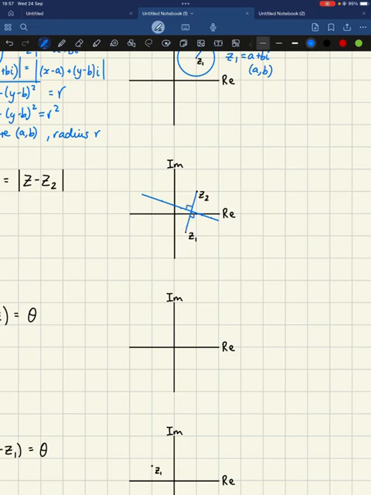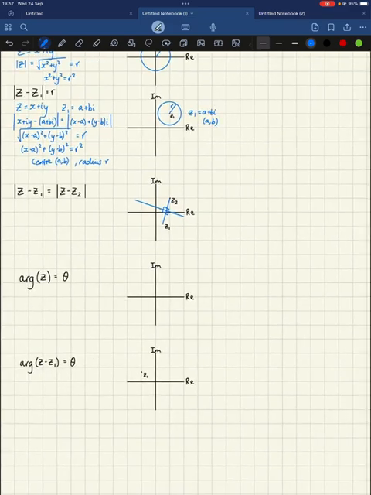So this over here, perpendicular bisector to the line joining z1 and z2.